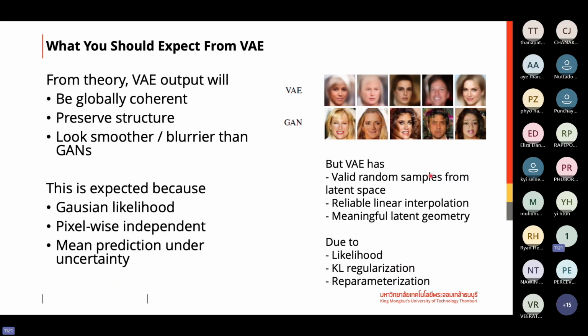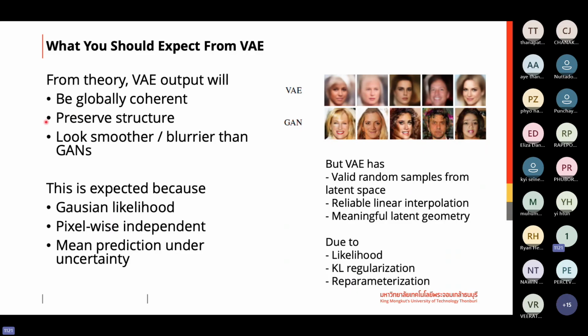Okay, so from all of these, you see that VAE output will be more coherent, because when you generate the data, it actually takes from a certain distribution, not generated through the network. That means the sampling process produces more coherent output.